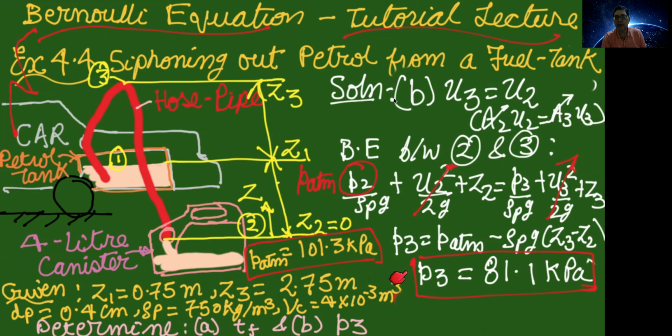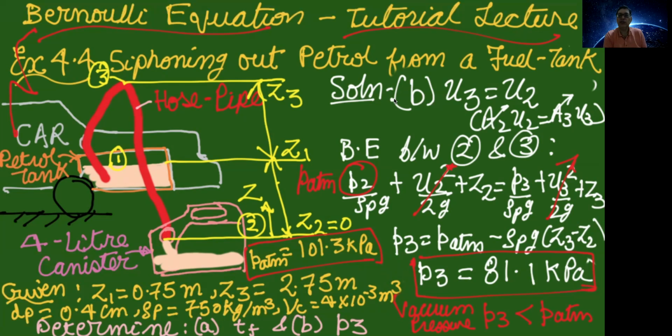And if this pressure is less than the saturation pressure corresponding to the operating temperature, then you can have evaporation, and then you can have a blockage as I mentioned earlier. And this P3 is a vacuum pressure.